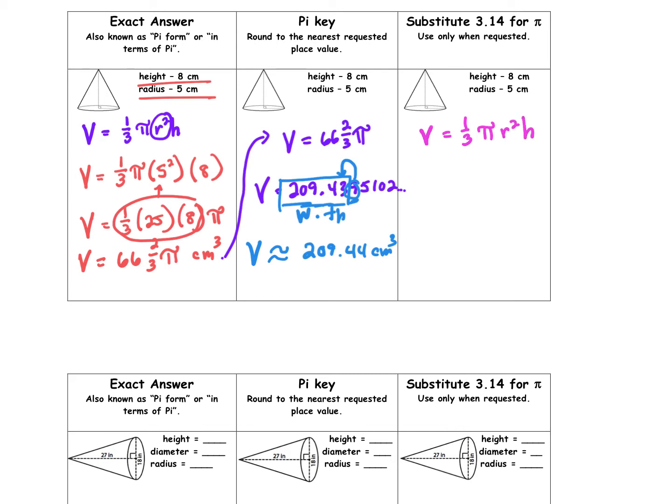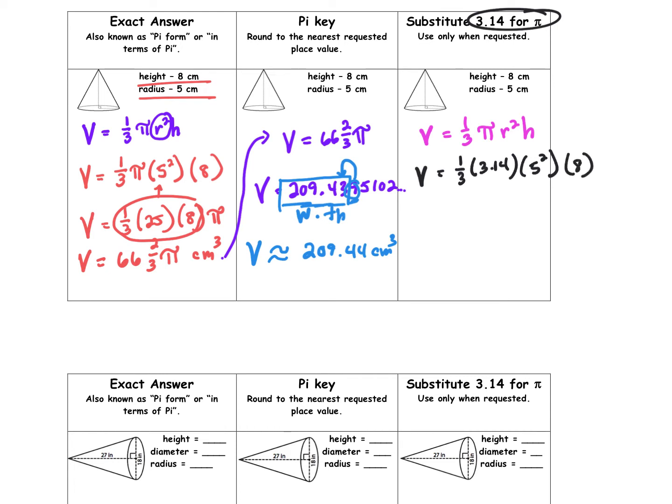And now where this differs is we're going to substitute including for pi. If we're given permission to use 3.14, where we see pi, that's going to become 3.14. The radius of this particular cone is still 5. We're squaring it according to the formula, and the height is still 8.